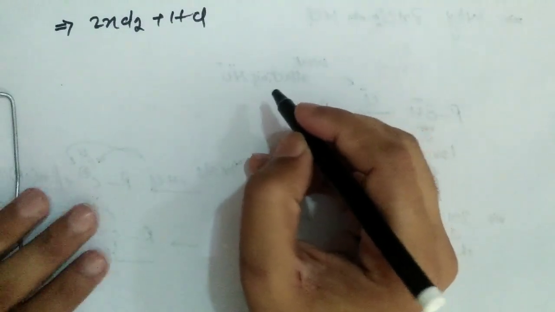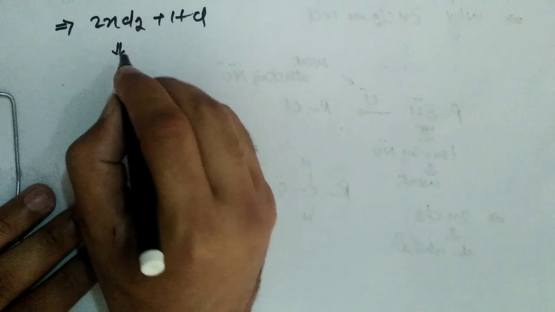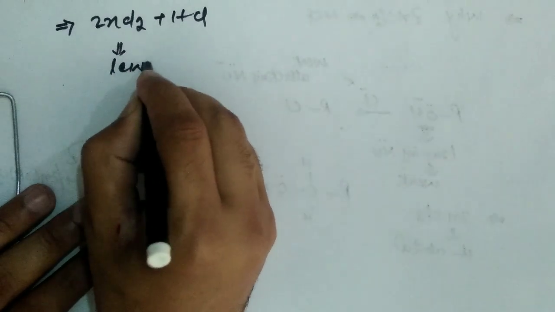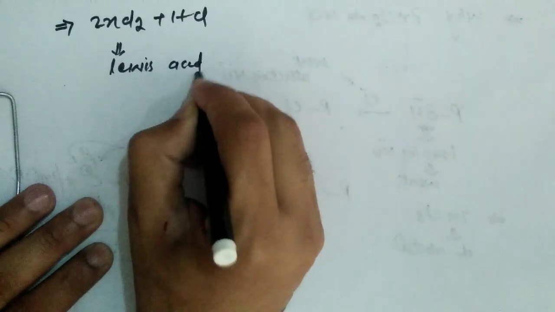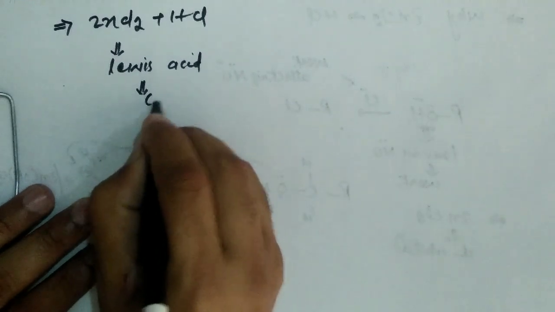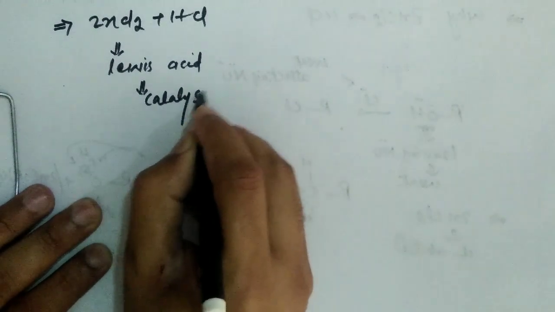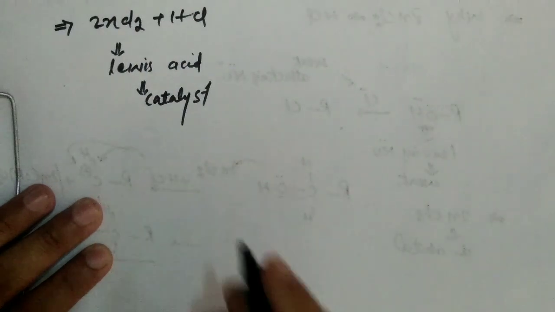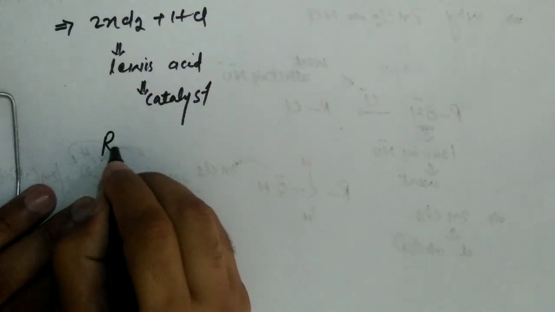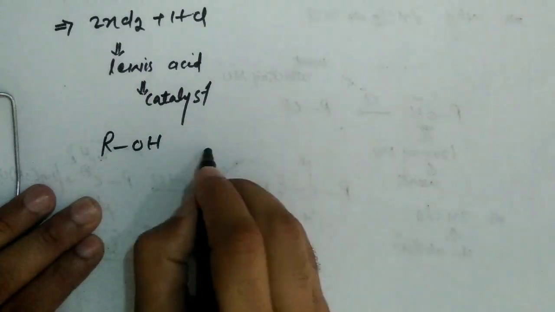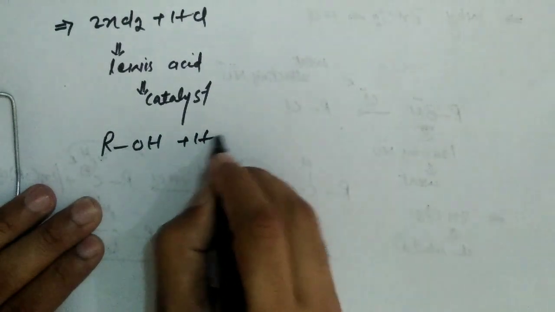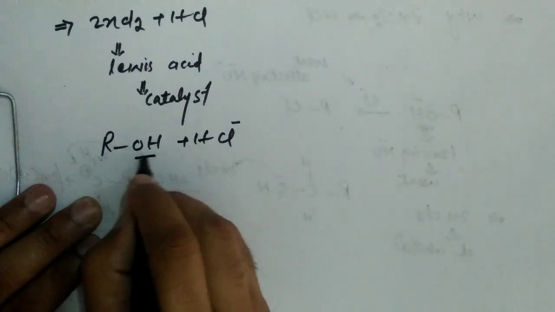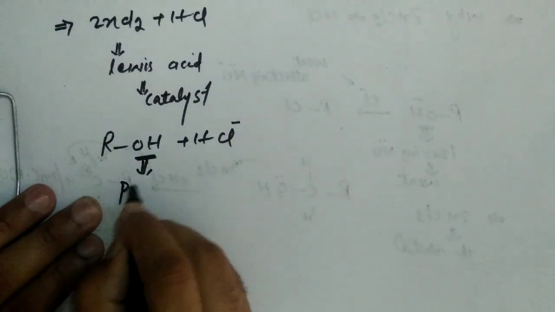So remember, ZnCl2, which is a Lewis acid, acts as a catalyst, because an alcohol plus HCl, this OH group is a poor leaving group.